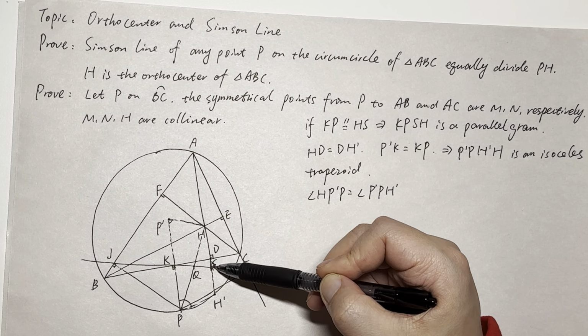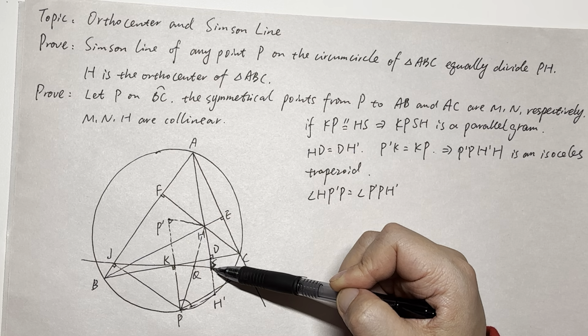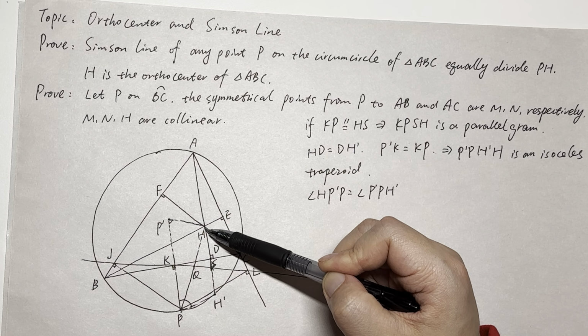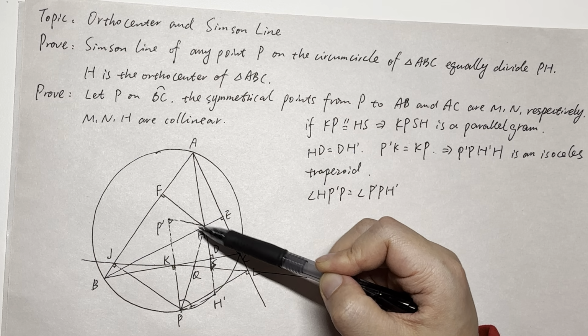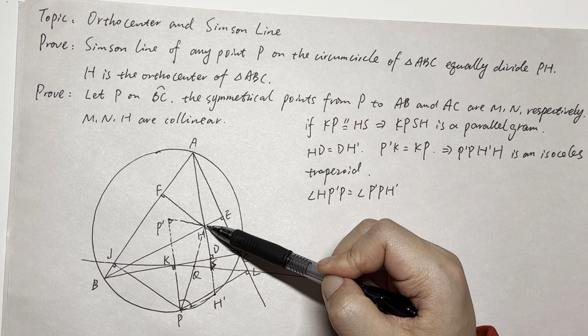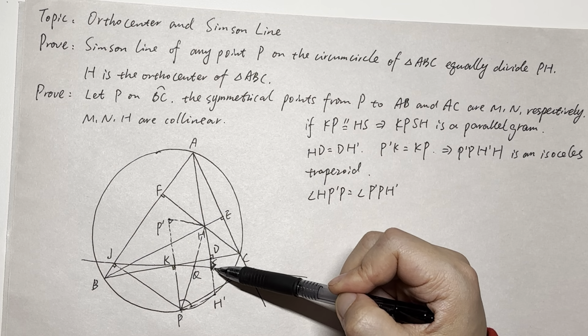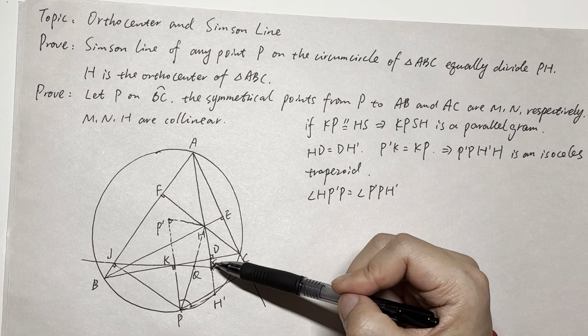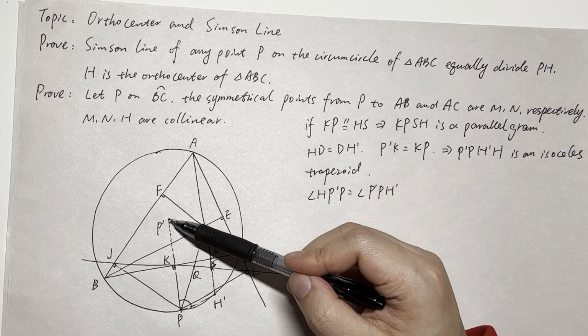And if P prime K equals HS, that makes P prime KSH a parallelogram, which means P prime H is parallel with KS. Right? So we just need to prove that P prime H is parallel with KS. Then we prove that P prime KSH is a parallelogram, right?